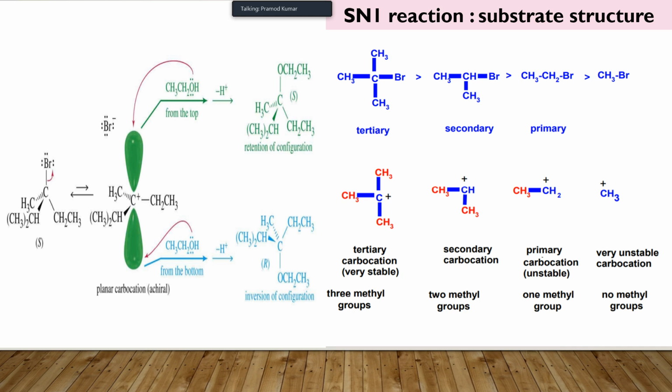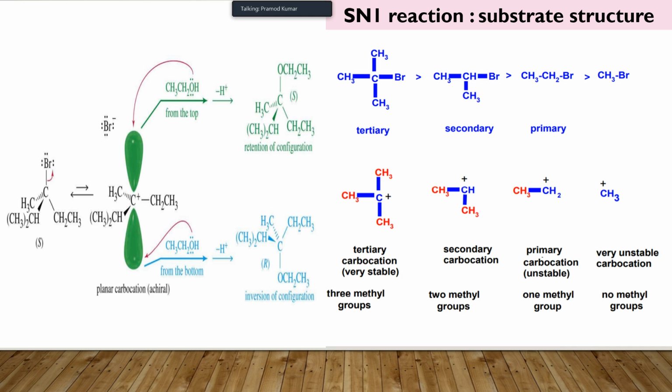In a tertiary carbocation there are 3 methyl groups attached to your carbocation, whereas in secondary there are 2, in the case of primary carbocation only one group is attached, and in the methyl carbocation no methyl group.